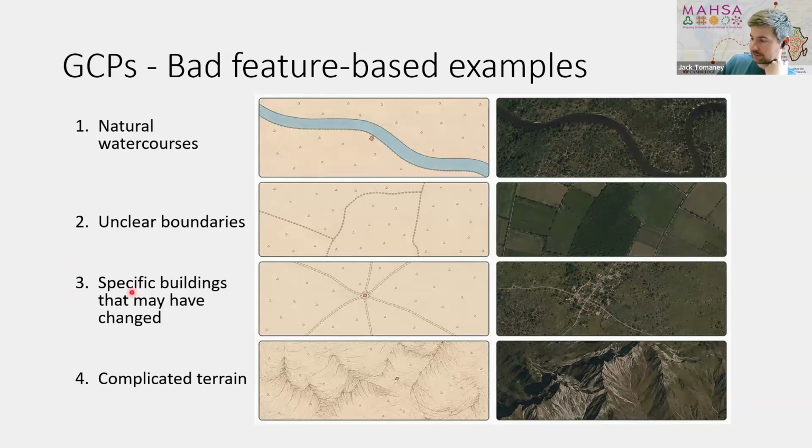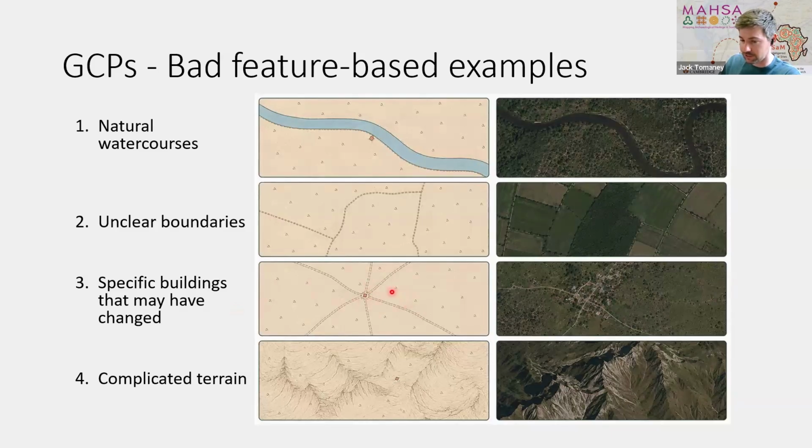The third option of a bad GCP I put here is specific buildings that may have changed. So you can see here that there is a village, and in the modern day imagery, there's a village in the same place. But it's not clear which building we see here is being represented in the satellite imagery.